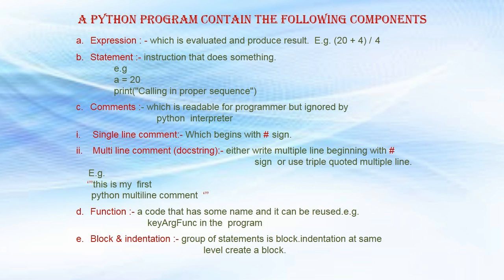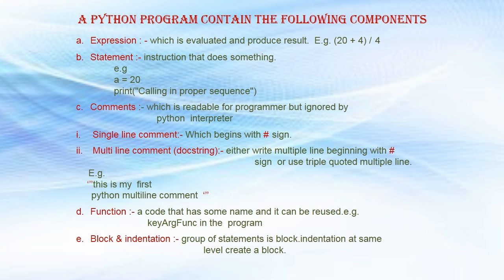Triple single quotes make a multiple line comment. You can see that the triple quotes are in red color and it shows you a multiple line comment.